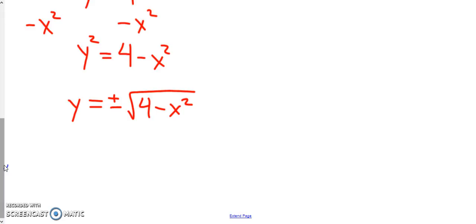So let's say that you picked 1 and I picked 1. 1 squared is 1, 4 minus 1 is 3, and the square root of 3 is the square root of 3. But you could pick positive square root of 3, and I could pick negative square root of 3, and we would have the same input but 2 different outputs. In terms of function land, that's bad. So that would mean that this is not a function.